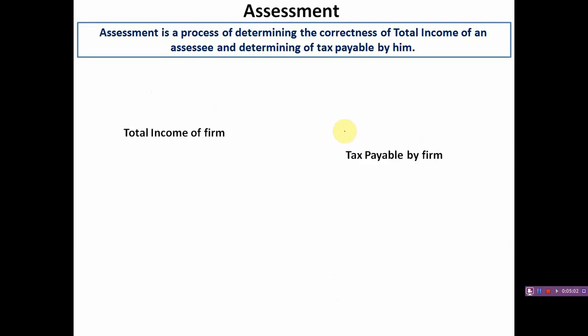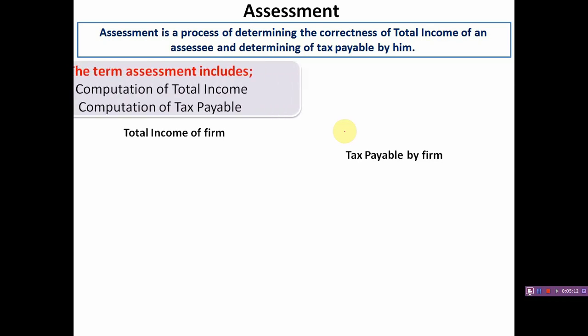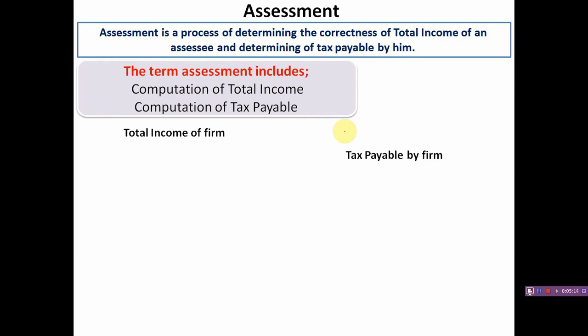In simple words, assessment is a process of determining the correctness of total income of an assessee and determining the tax payable by him. From this discussion we can come to the conclusion that the term assessment includes two steps. First one is computation of total income and the second one is computation of tax payable.